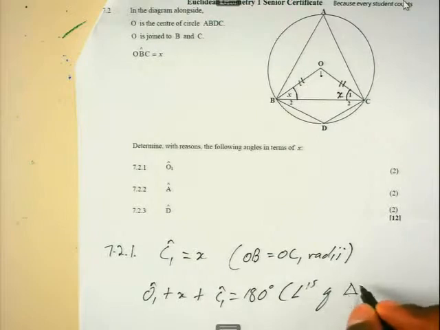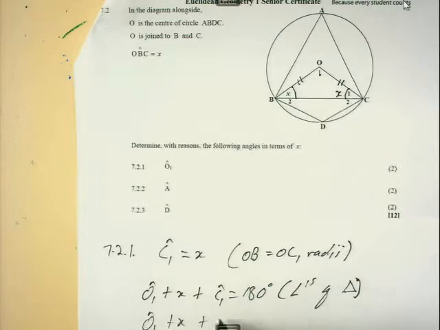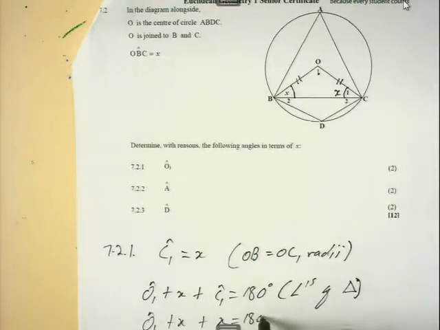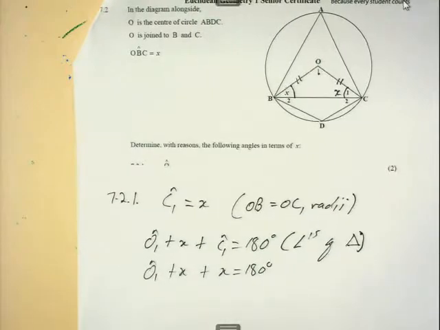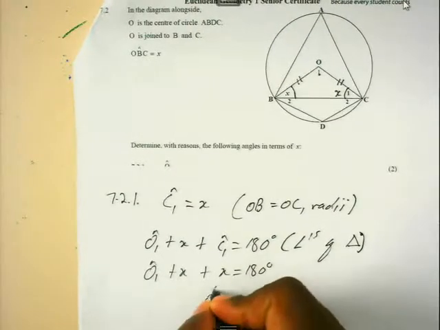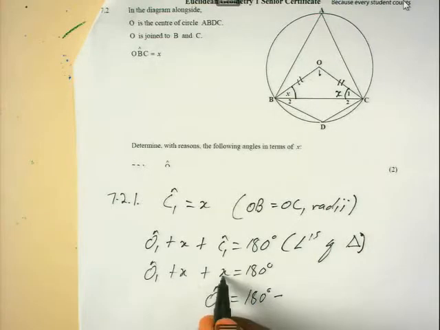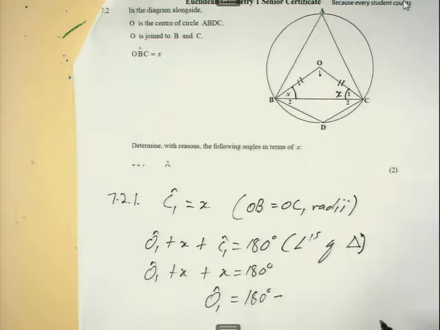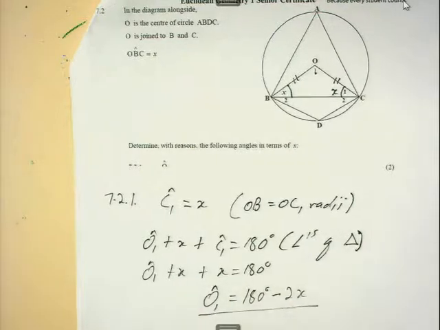Therefore, we've got O1 plus x plus x, since C1 is also x, equals 180 degrees. We make O1 the subject of the formula. Angle O1 will be equal to 180 degrees minus x plus x, which gives 2x, transposed to the right, so it goes minus 2x. That will be the size of angle O1.